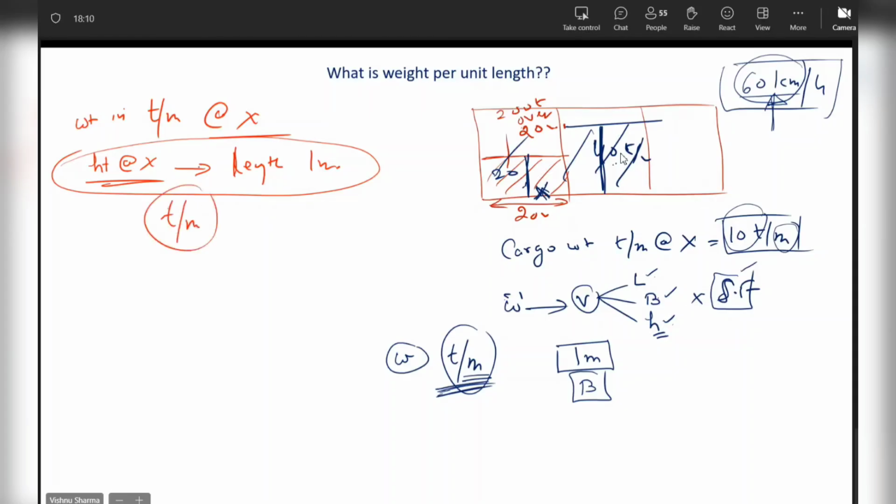Like I said, if the same speed continues for 1 hour, you will cover a distance of 60 kilometers if you said 60 kilometers per hour. Now here the varying factor is not the speed, the varying factor is the height. So if the same height of the cargo continues for 1 meter length, then the weight of the cargo contained in that volume shall be 10 tons at X and maybe 40 tons at point Y. Have you understood what I have just said?